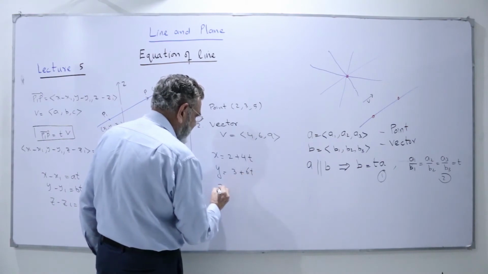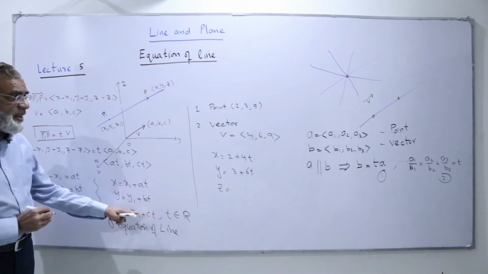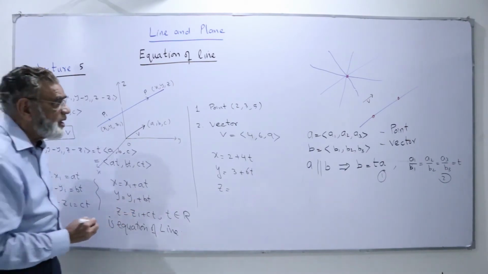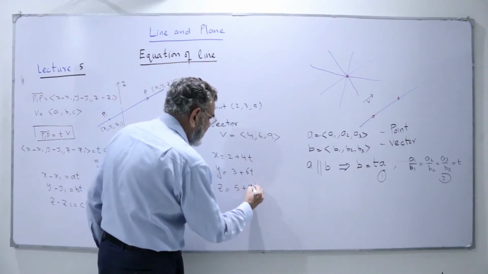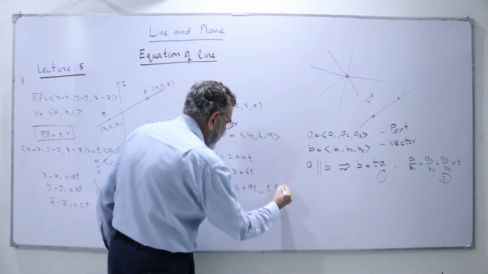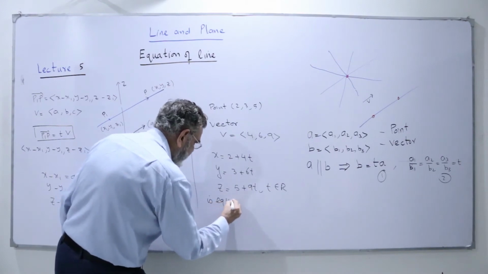And what is z? z is equal to z1 plus ct. z1 is 5, c is 9, so we get 5 plus 9t, where t is any real number.